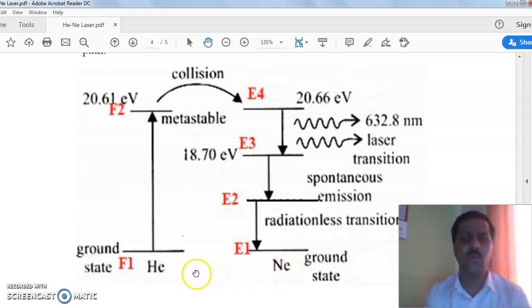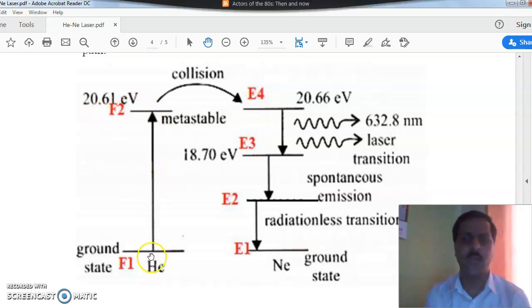In comparison to neon, helium is lighter, so it easily gets accelerated and goes to the excited state. Their kinetic energy is raised by the collision, and they are raised to the excited state that lies at an energy of 20.61 electron volt.